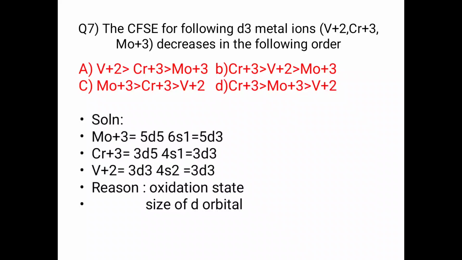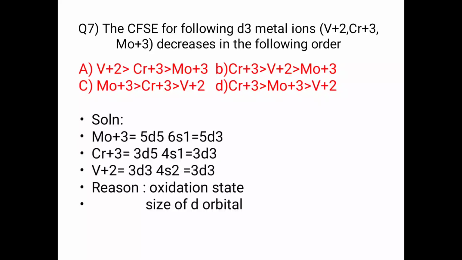The next question. The CFSE for the following 3d metal ions decreases in the following order. Now again I tell you, for CFSE you have to know those rules, that is the oxidation state and the principal quantum number ones. So what you see, the oxidation state is differing and the elements are differing. So again those two factors come, the oxidation state and the size of the d orbital.